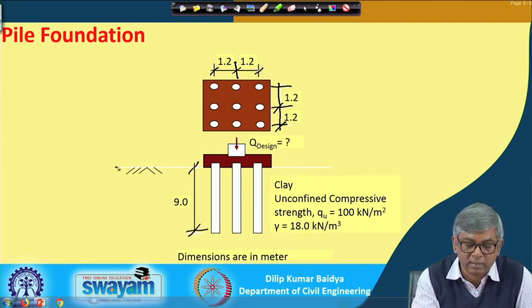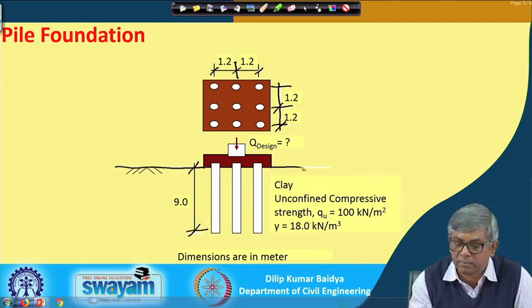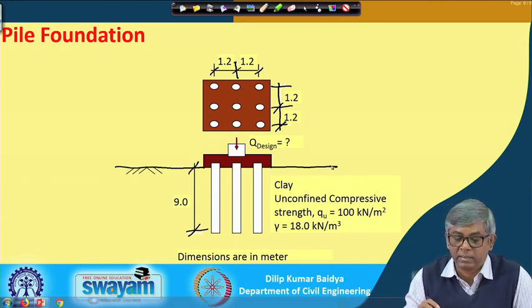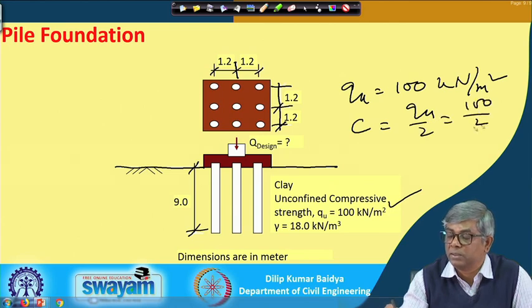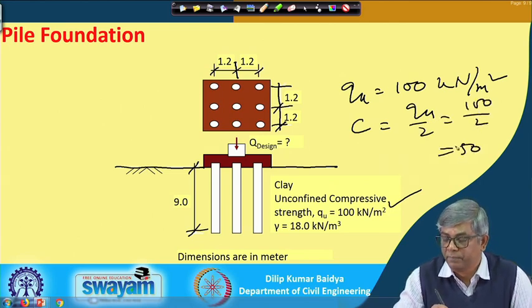This is the ground mark, and the soil is clay. The unconfined compression strength q u is given as 100 kilonewton per meter square. So from here I get c equal to q u by 2, that means 100 by 2, that is 50.